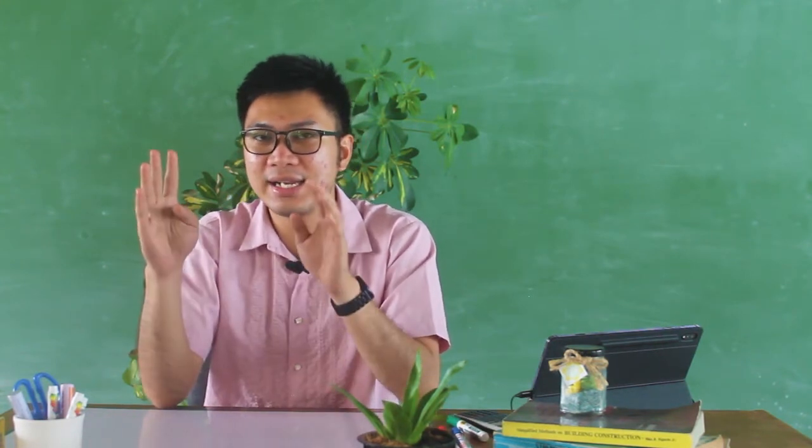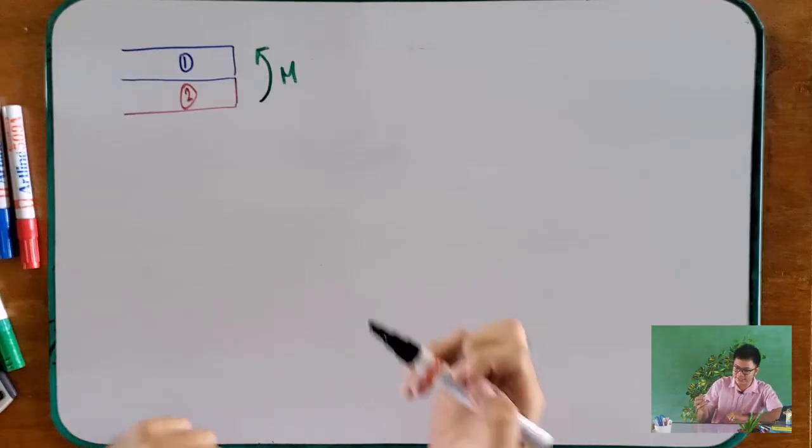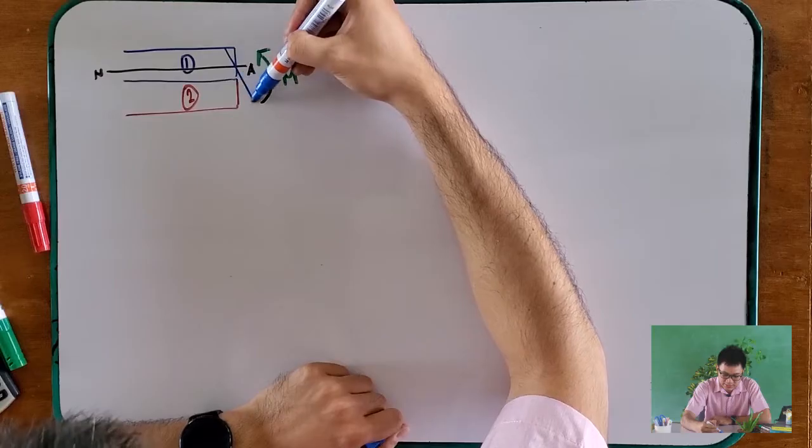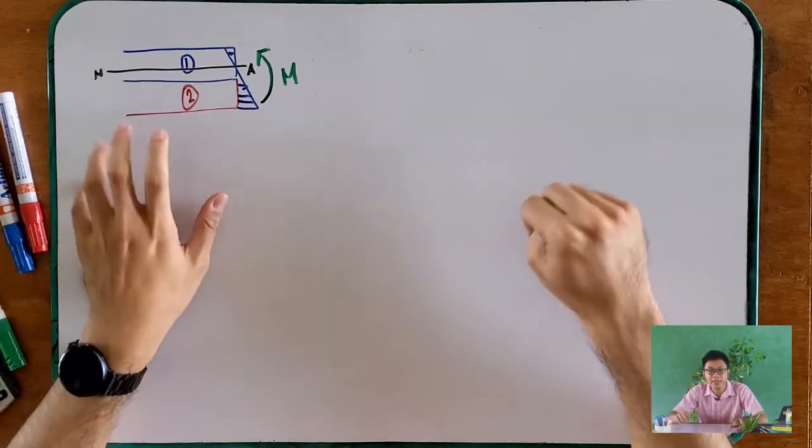We will know where it stretches and where it compresses if we know where the neutral axis is. But let's just say that in this case, your neutral axis is located right here. And therefore, the normal strain will behave like this.